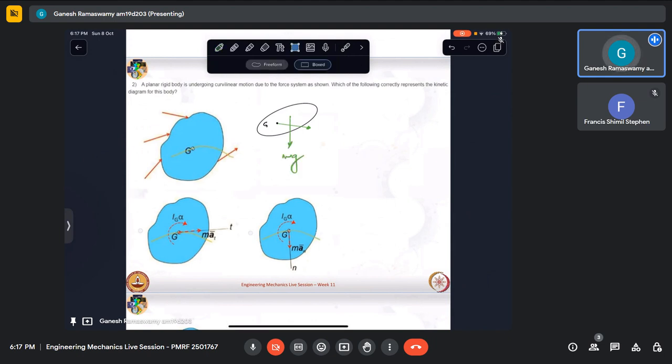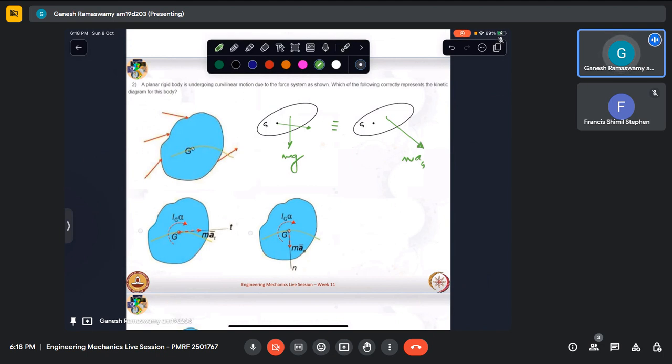Now if I know that this will undergo rectilinear translation, what will its kinetic diagram be? Its kinetic diagram will basically have one component of acceleration along some generic path. So this will be the acceleration of G times mass.